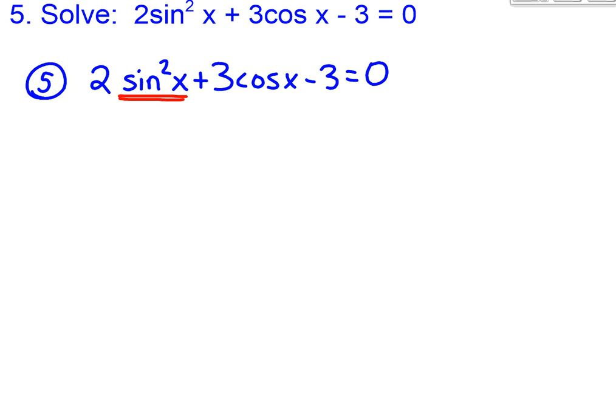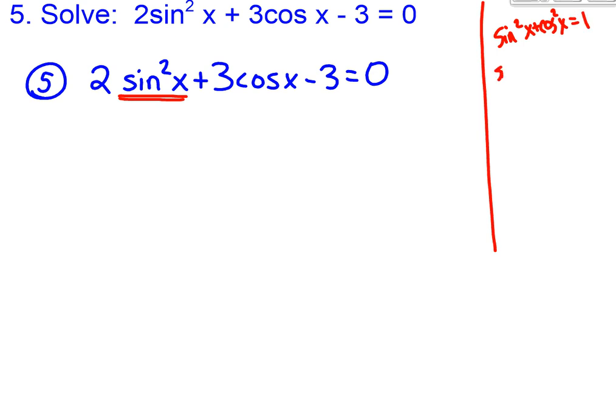What can I use to substitute in for sine squared that'll make it into all cosines? Or the other way around, yes. But I'm just going to have a little think box here and remind myself: sine squared x plus cosine squared x equals 1.